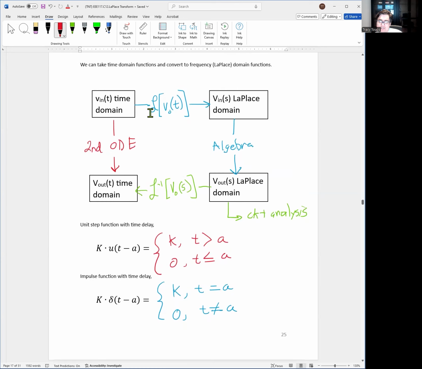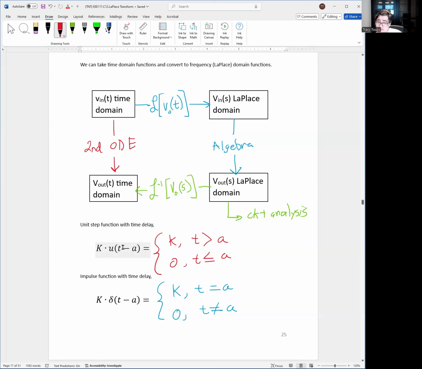Now, before we really start swapping over, we needed to define 2 basic time functions. One represents a switch, which is our step function, k times u of t minus a, where the value is k, switched on when t is greater than the delay a, and a can be 0 if you want.